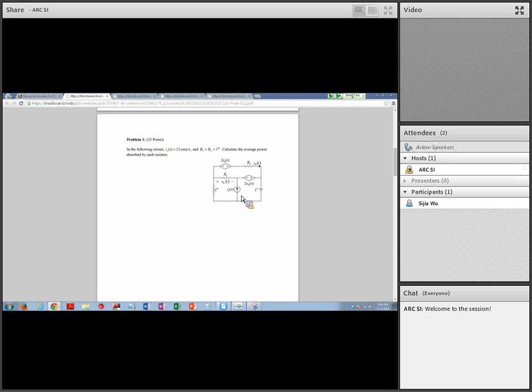What happens to this? So j omega L and so on.